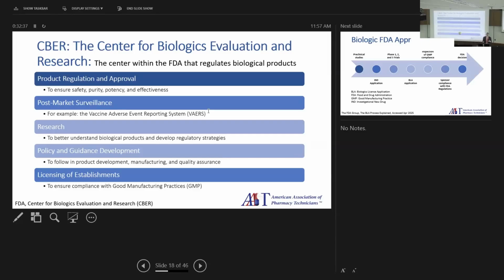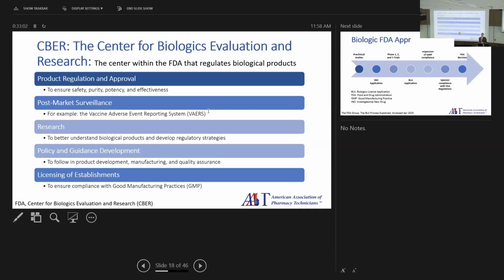Post-market surveillance, so sometimes clinical trials don't always identify some of the adverse effects that may be associated with certain biologics or biosimilars. So the Vaccine Adverse Event Reporting System is an example. So if adverse events are identified after FDA approval, it's the responsibility of CBER to conduct the post-market surveillance.